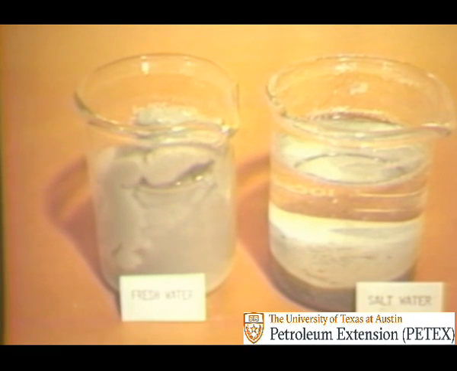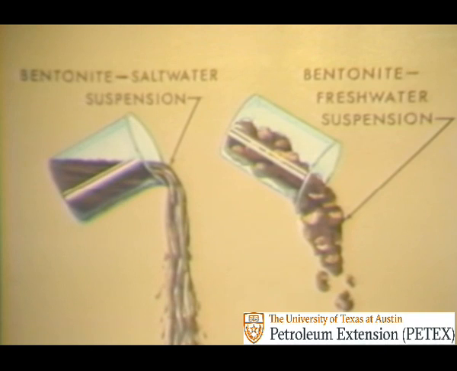That is, salt water retards or inhibits bentonite's ability to hydrate. As a result, the viscosity of the bentonite and saltwater suspension is considerably less than the bentonite and freshwater suspension. Thus, freshwater clays, like bentonite, are not added directly to saltwater to build viscosity.